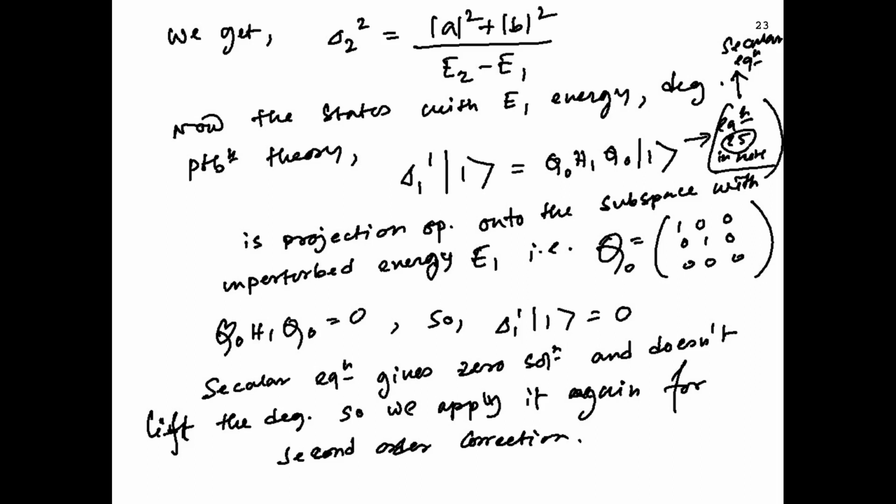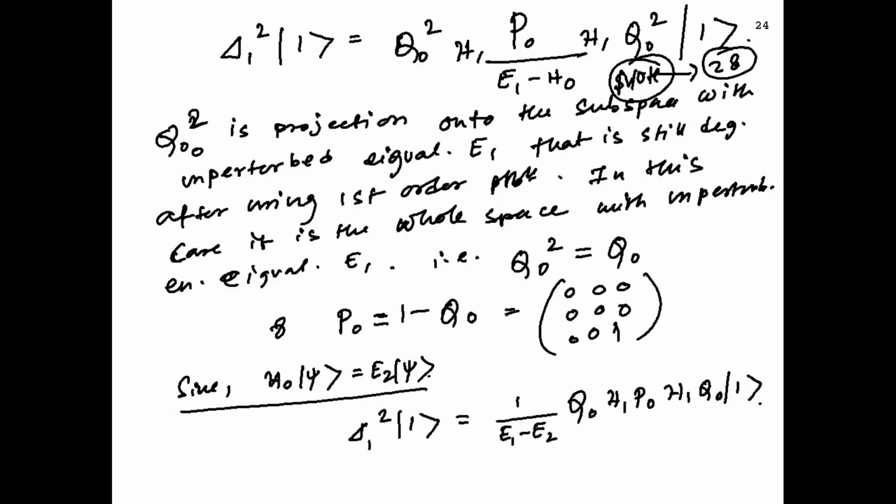So then we have to look for the second order correction and see if the degeneracy is lifted. Here is the second order secular equation, which comes from equation 28 of my previous lecture. Here you can see this is the effective Hamiltonian form. The second order correction is on one side, and on the left hand side and right hand side I have the effective Hamiltonian, which is given by the second order correction.